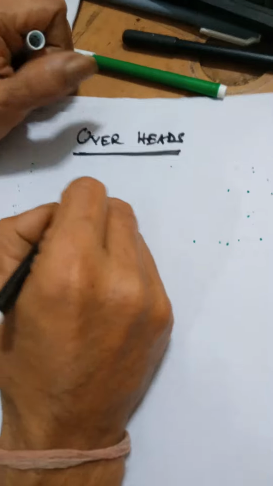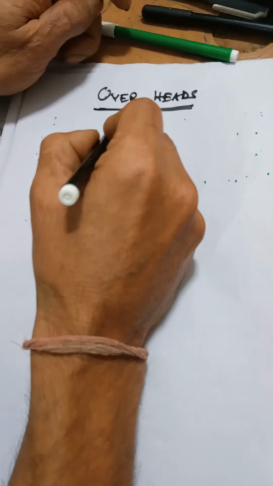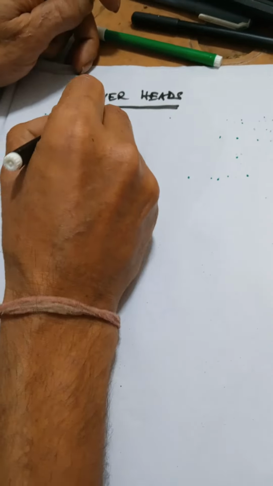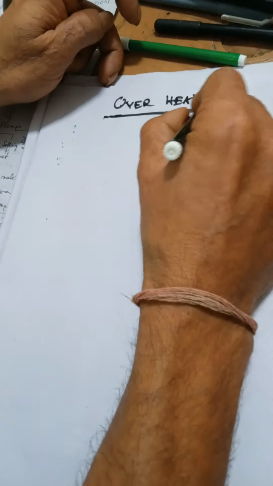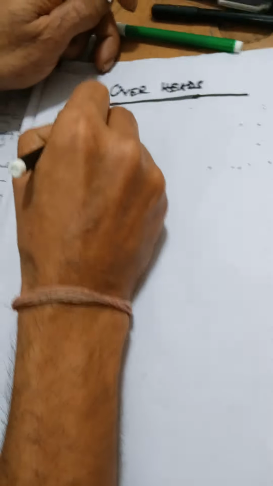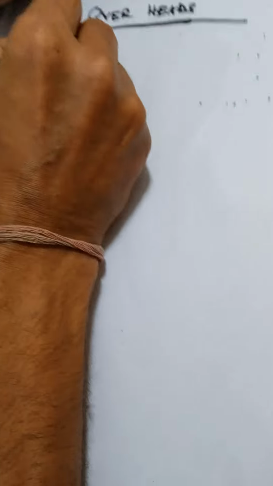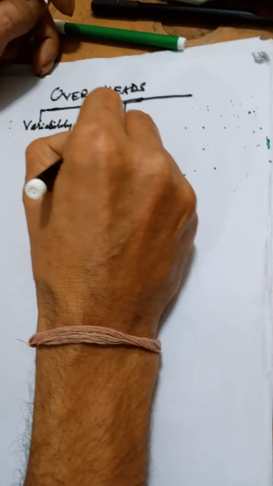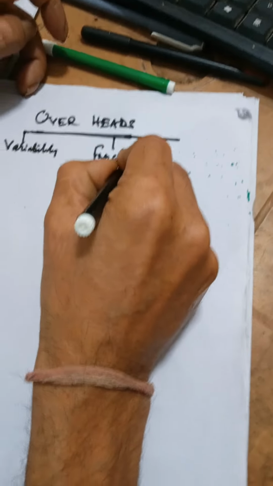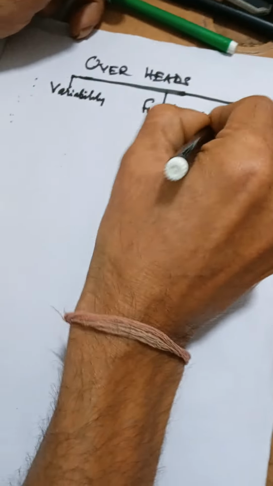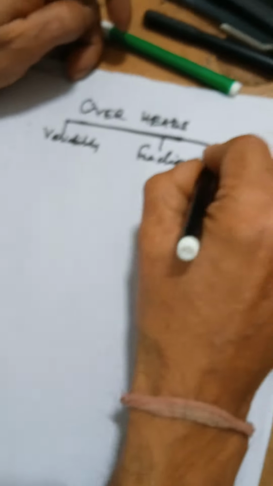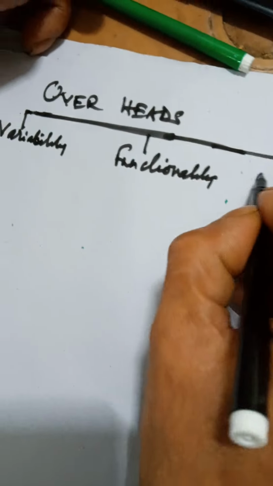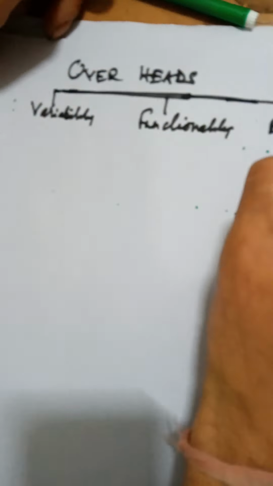Now overhead expenses or overheads, as loosely called, can be classified as variability, functionality, and elements.